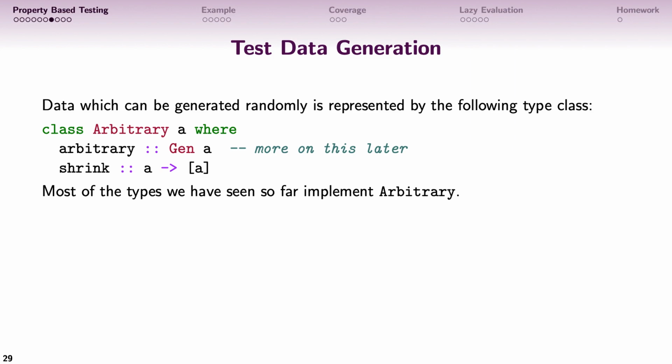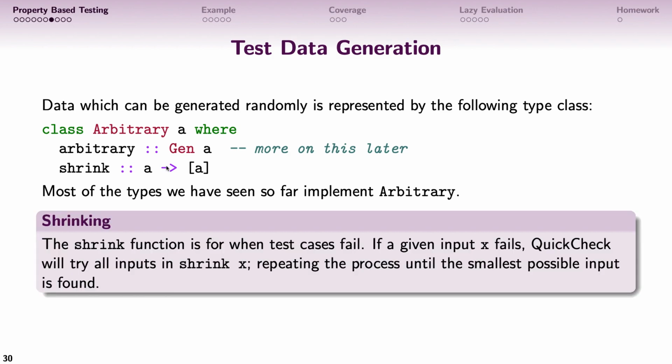And if any of them fail, it will continue to shrink and shrink and so on until finally it gets the smallest case it can. Most of these types have implemented Arbitrary already: tuples, integers, lists, and so on. So most of the functions that we've been working with so far, you can test for correctness using QuickCheck just out of the box.